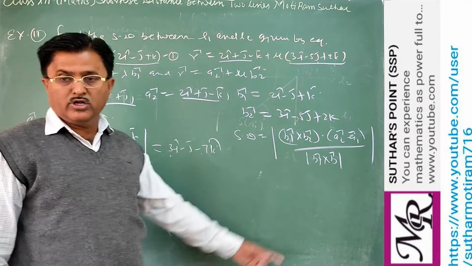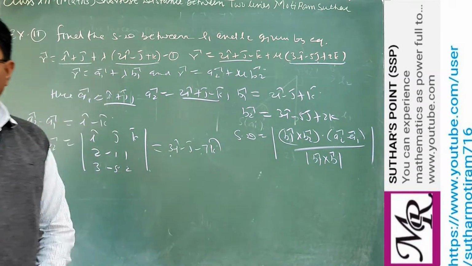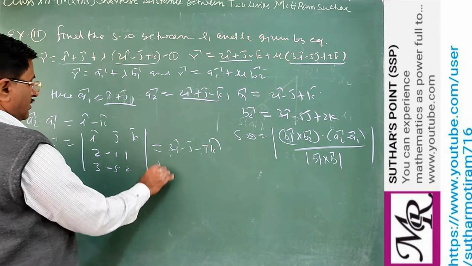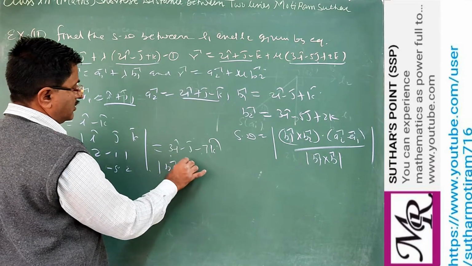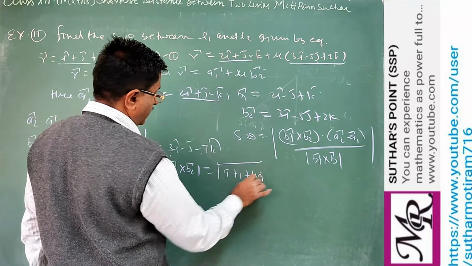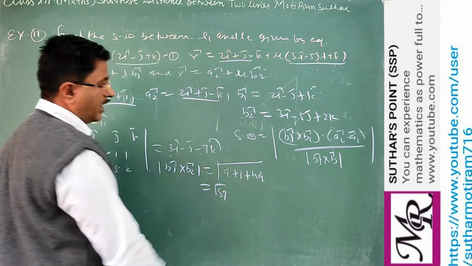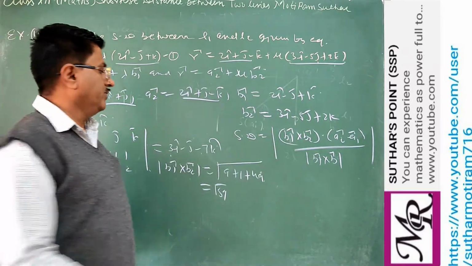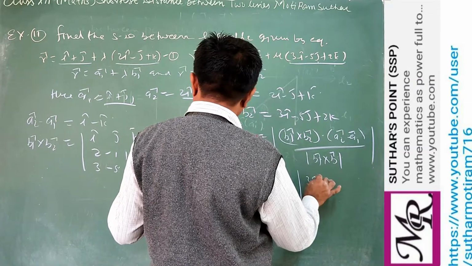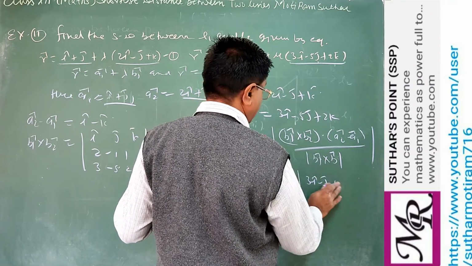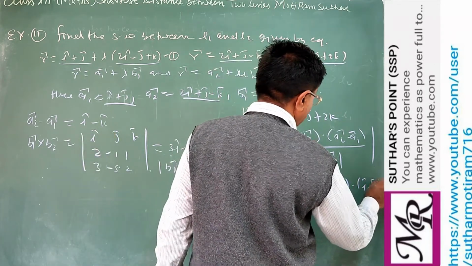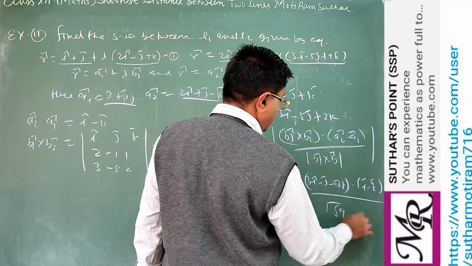Okay? Now we also need the modulus of this one. So mod of b1 cross b2 is equal to the square root of 3 square, 1 square and 49. So this is root 59. Now put all these values here and we get the answer. So SD equal to this vector, 3i minus j minus 7k, dot a2 minus a1, i minus k, upon root 59.